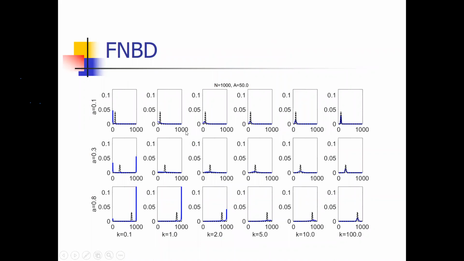This is just some plots. So here's A, the proportion being sampled, of 0.1, 0.3, and 0.8. And the black dashed line is the binomial distribution, the unclumped, spatially random approximation. And across the x-axis, we have K going from 0.1, and you can see it's really quite extreme here.